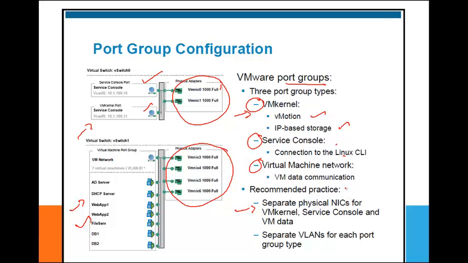It's recommended to give separate NICs so that the traffic for each group will not be disturbed. So this answers one of your previous questions. We can map separate physical NICs for each group. That's recommended. Separate VLAN for each port group. Separate NIC, separate VLANs.